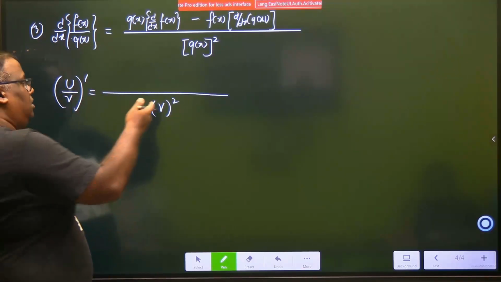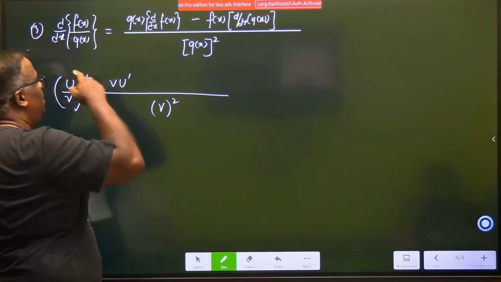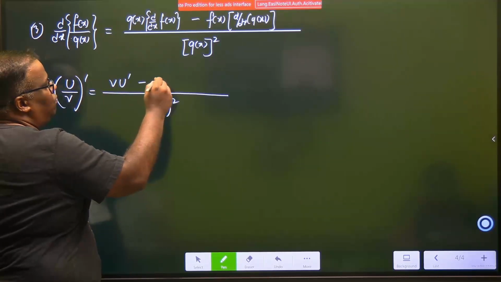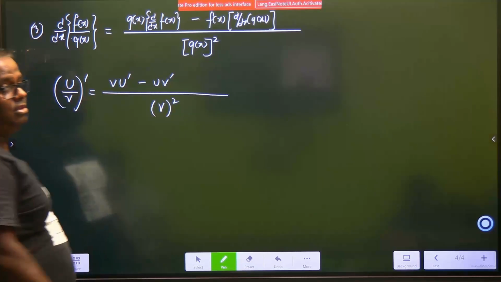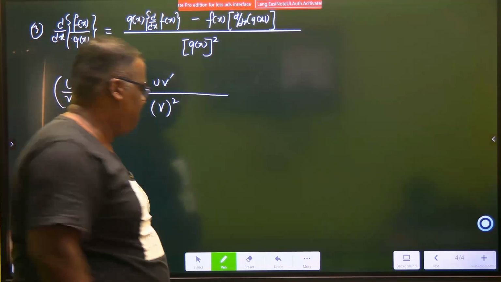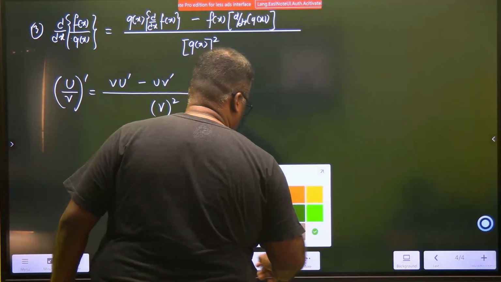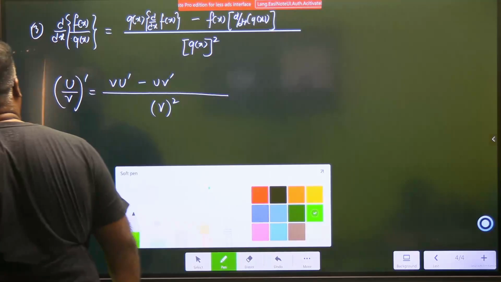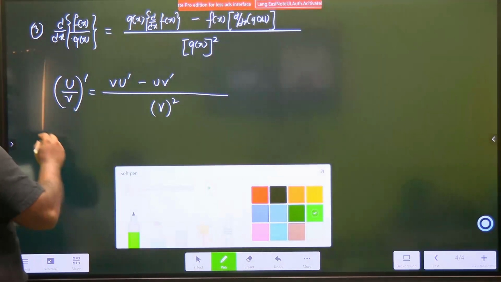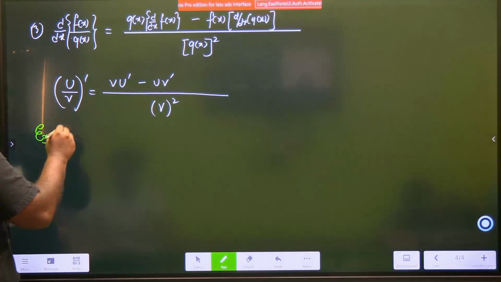Then the bottom function multiplied by the derivative of the top function, minus the top function into the derivative of the bottom function. Let's do a nice example of this, something that you already know.